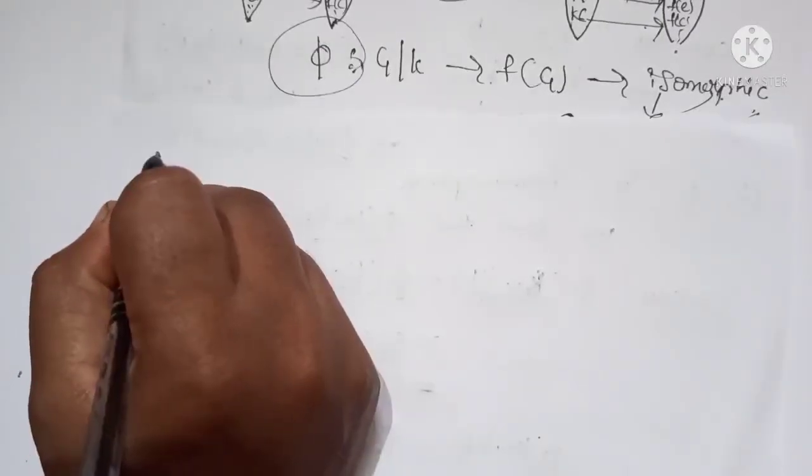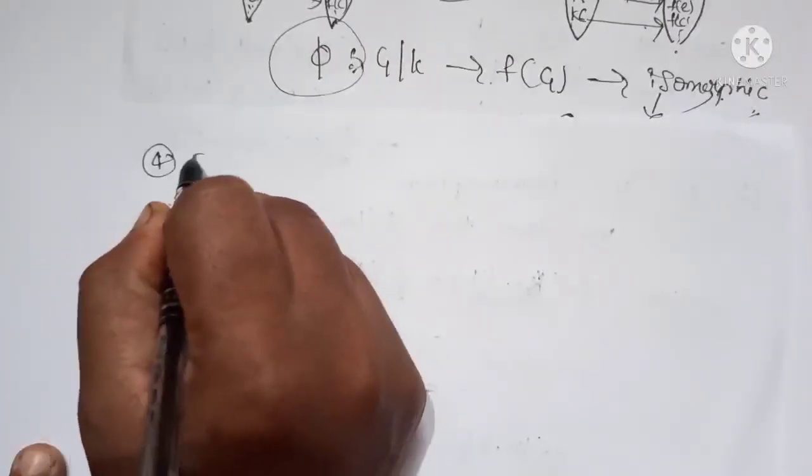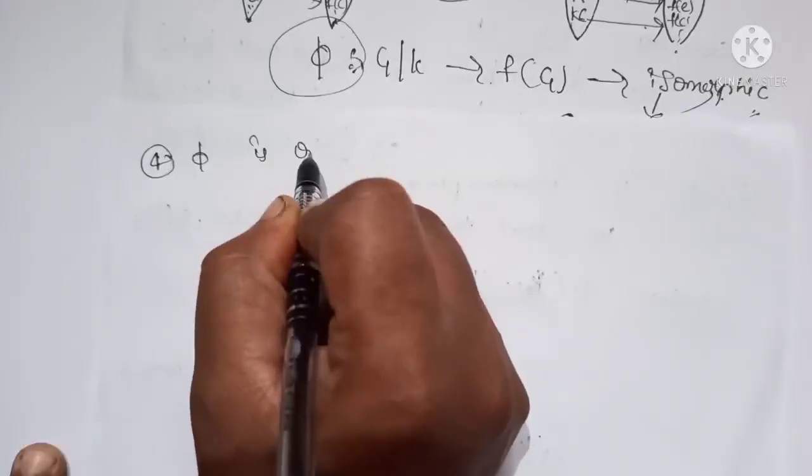Next we shall show that phi is onto. This is very simple.